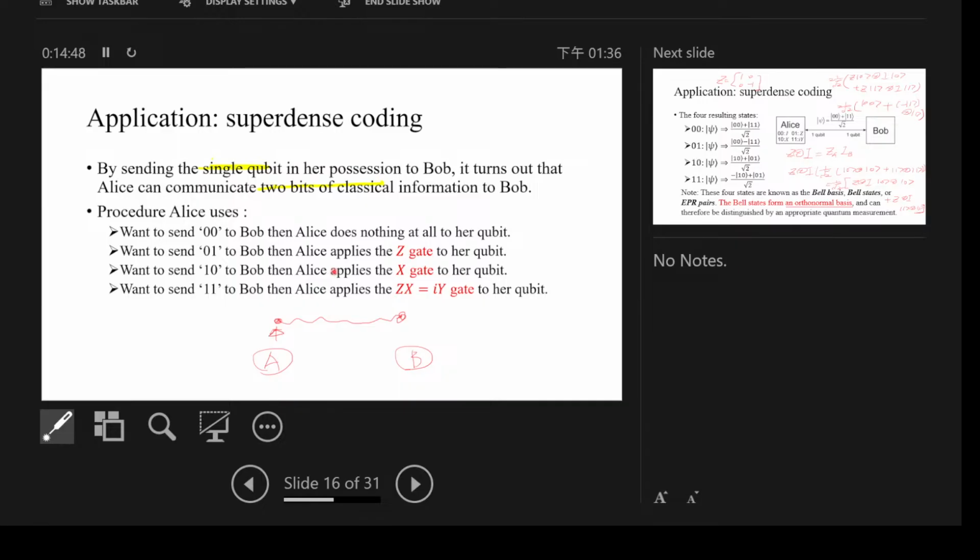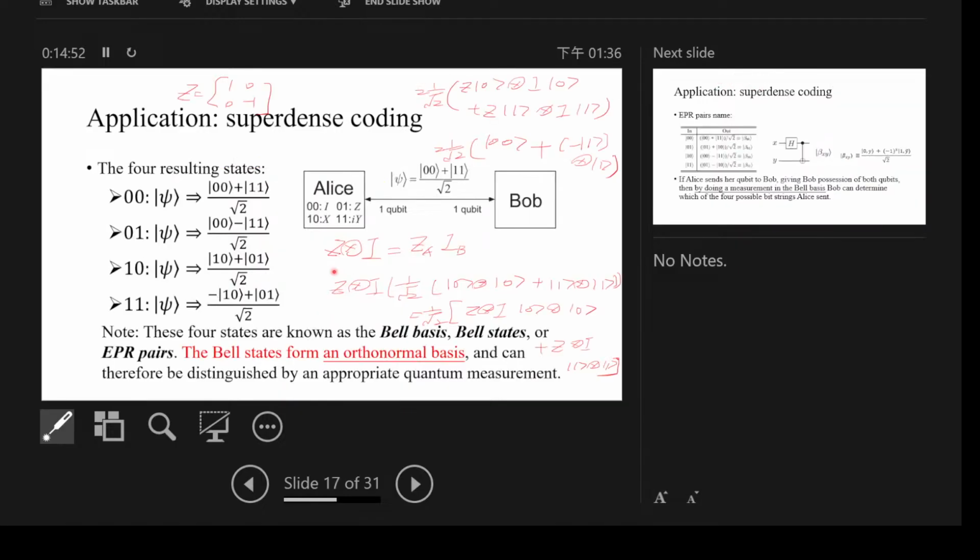Okay, but anyway, this is the protocol, and let's see what happens after the first step of the protocol. We want to see what the state is between these 2 qubits. So there's 1 qubit here and 1 qubit here, and let's start with (|00> + |11>)/√2, and just see what happens when you apply some gate on the first qubit.